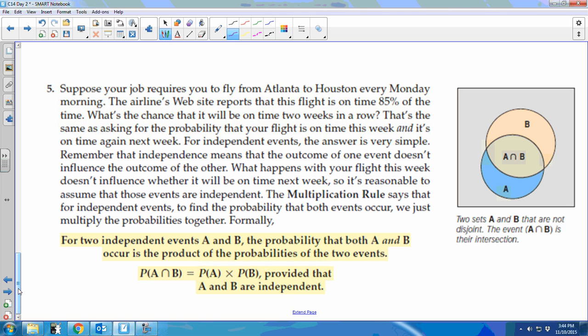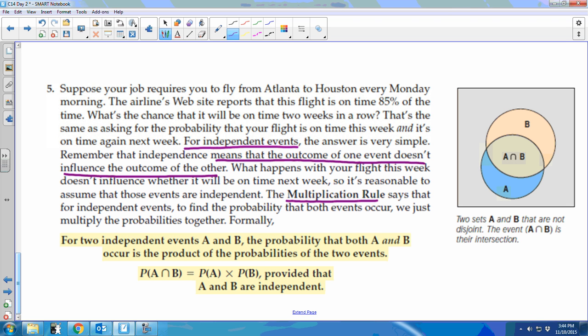The last part is the multiplication rule. And the multiplication rule occurs for independent events. Right? Remember, independence means that one outcome doesn't affect or influence the outcome of another event or another trial. So, if you have two events that are independent, then you can multiply their probabilities.